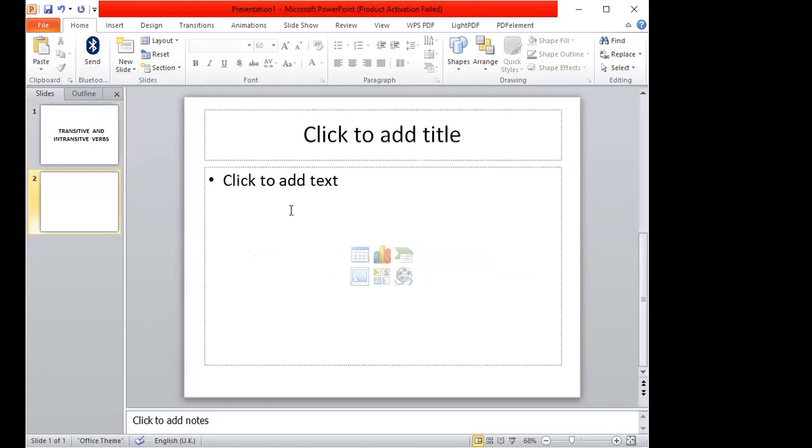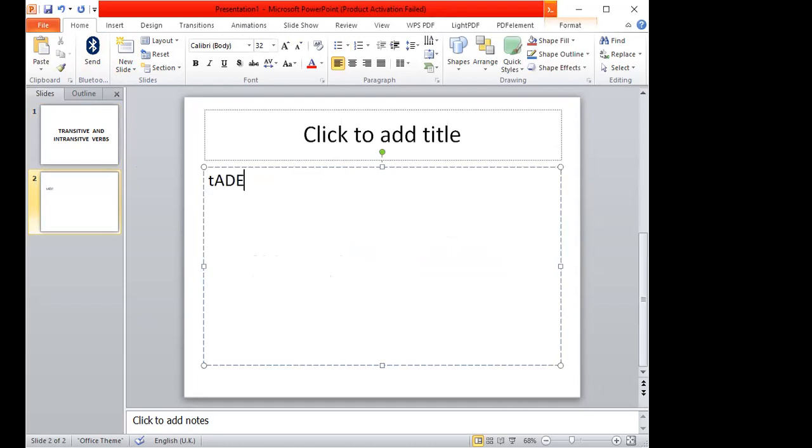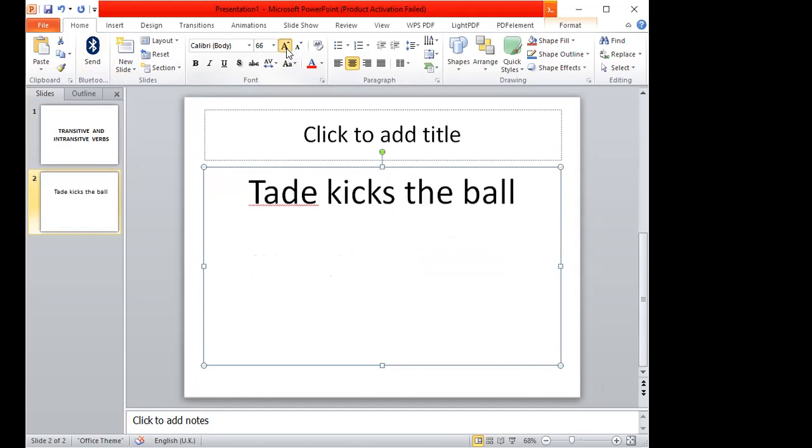This is what I mean. For instance, I have a sentence as this. Pardon me. Tade kicks the ball. This is the sentence I want to use now. Tade kicks the ball.